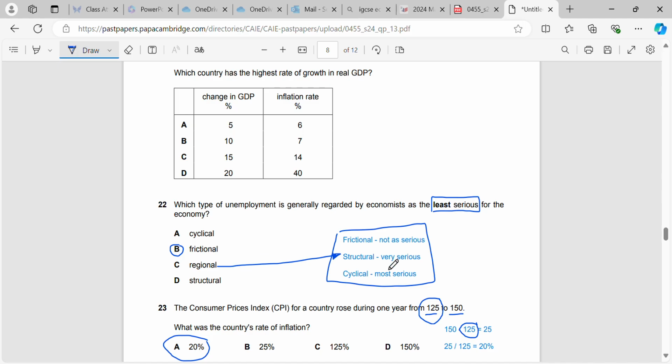When we have structural, we fix it using supply side policies, and we fix cyclical by moving AD to the right. As regional is a subcategory of structural, frictional is our least serious type of unemployment, and we fix that by increasing the mobility of labour.